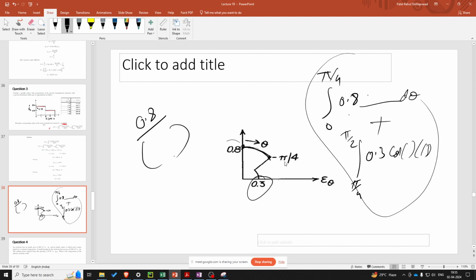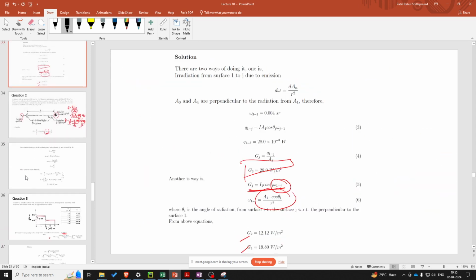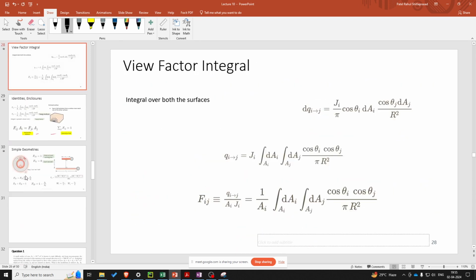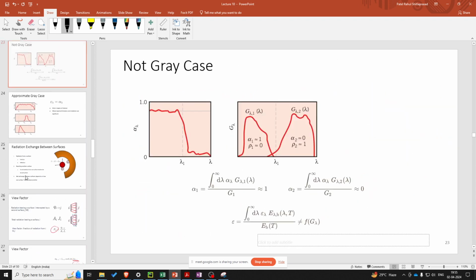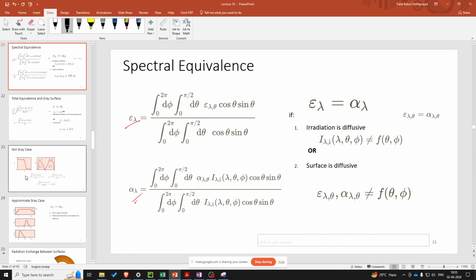So basically, the first thing is, over here it will be sin theta and cos theta. You can consider this example.